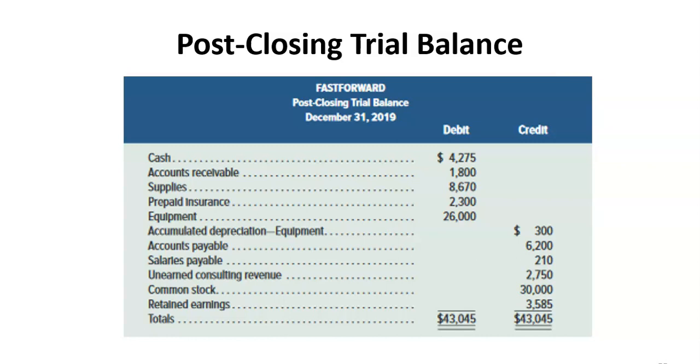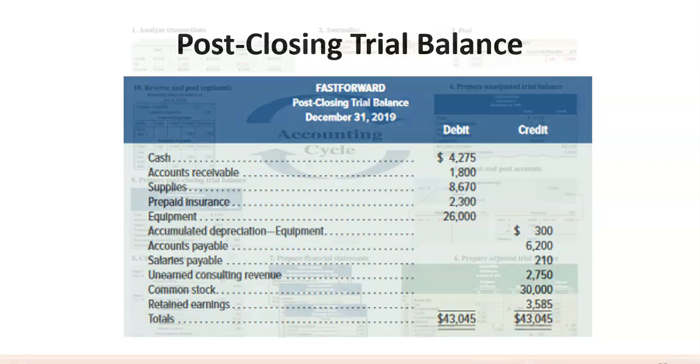First, we create journal entries, and then we post those transactions to the T accounts. Once we get to the end of the next accounting period, then we would go through these adjusting and closing processes to prepare for the next accounting period.